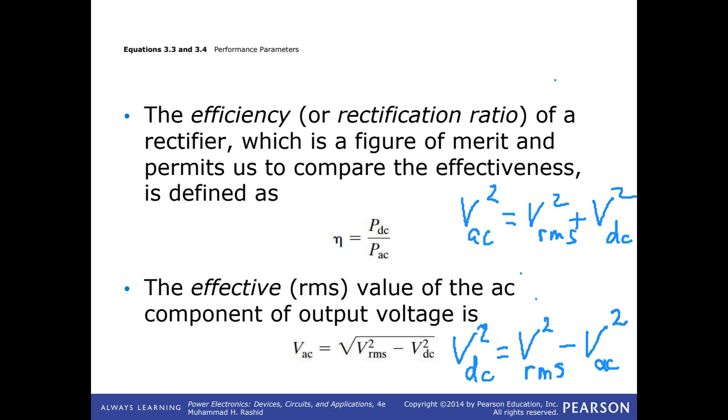Anyway, so bu önemli bakın. Bu son şu kısım önemli. That part is important. That part. This part is important. DC is equal to RMS minus AC.